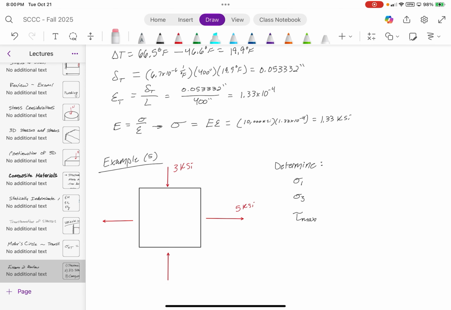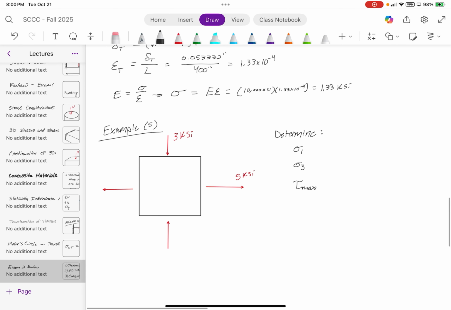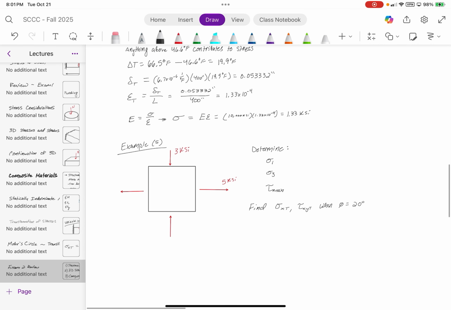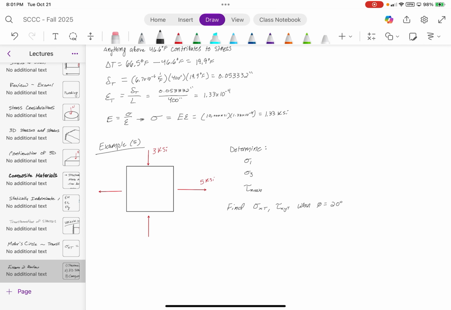I don't want you to find theta p. Degrees. There you go. Now it forces you to kind of do both. And you can use whatever method you want.